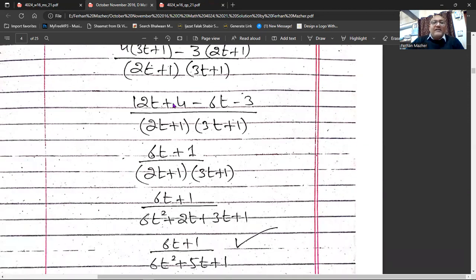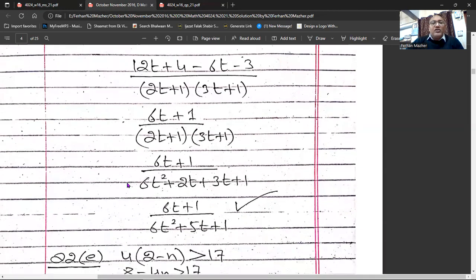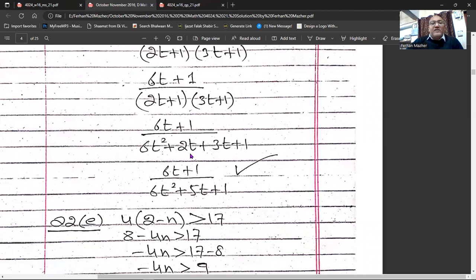And then you will have 6t plus 1 divided by this. You can leave the answer here, or you can open by multiplying these two. It will be 6t square plus 2t plus 3t plus 1 in the denominator. In the numerator, 6t plus 1 will continue. So 6t plus 1, the whole thing divided by 6t square plus 5t plus 1.